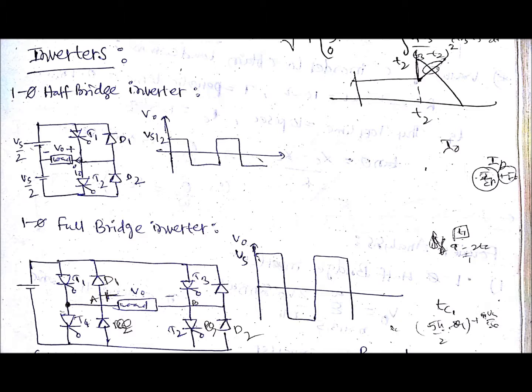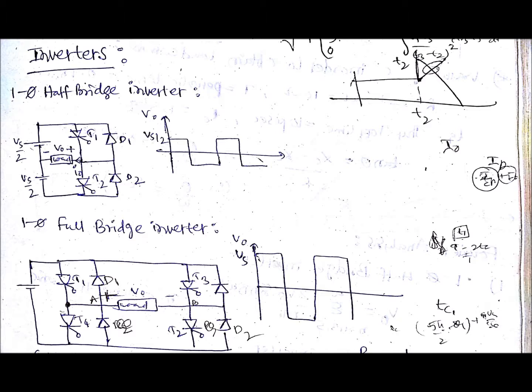Okay, then coming to the single phase full bridge inverter. Here, as it is full bridge, it is of bridge configuration with four devices or four thyristors. Similarly, anti-parallel diodes will be there, and the input is Vs DC, and here also the switches should be turned on and turned off so that we will get AC output.